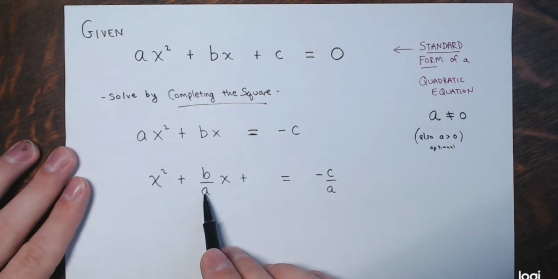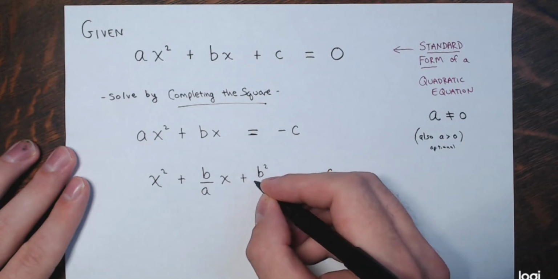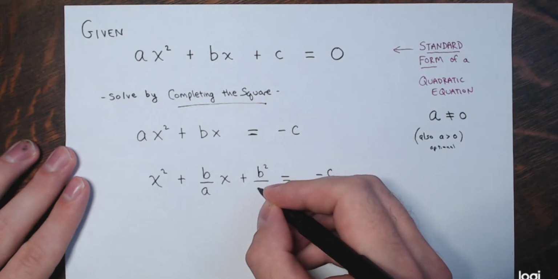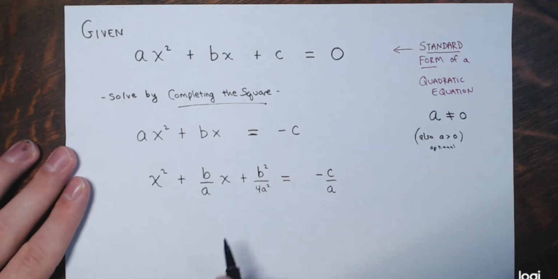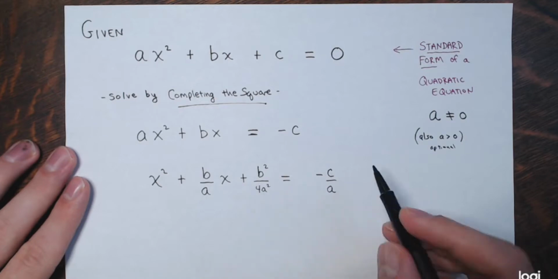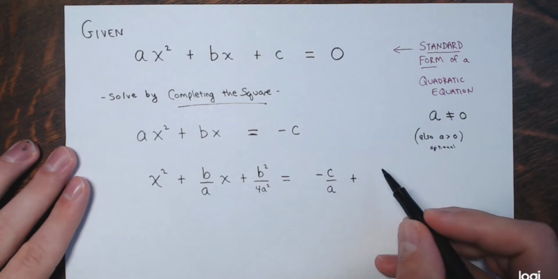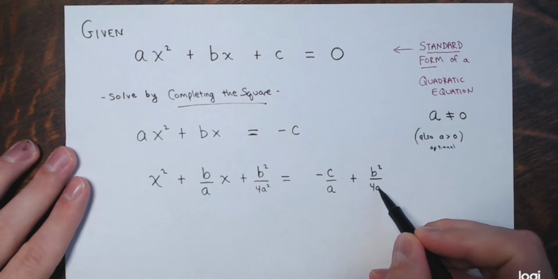Now b over 2a, when you square it, you'd have b times b in the numerator, right? B squared, and 2a times 2a, or 4a squared, in the denominator. And don't forget it's an equation. I can't just add this here and not add it over here as well. I add that to the other side, plus b squared over 4a squared.